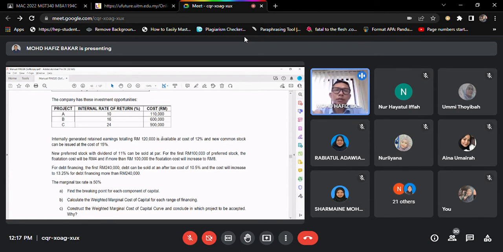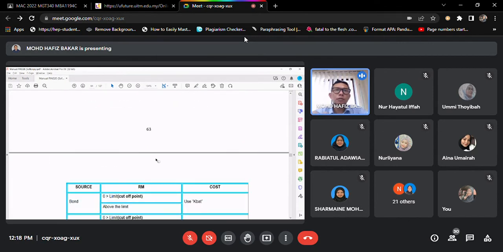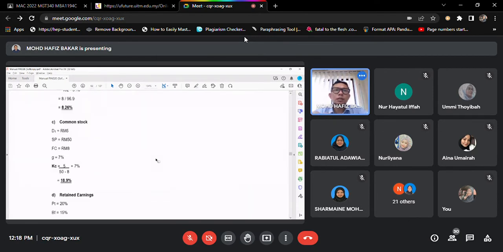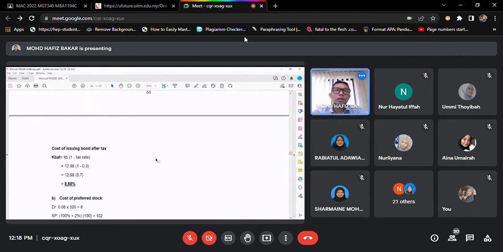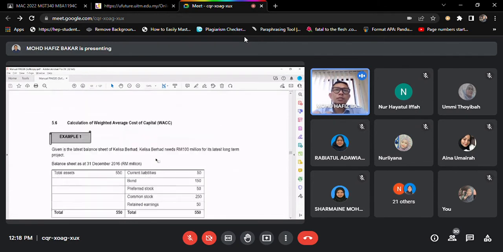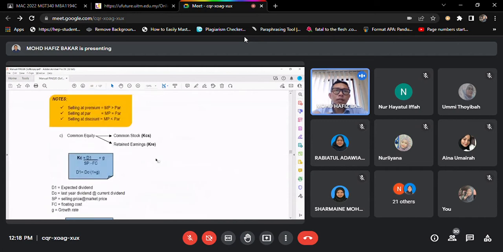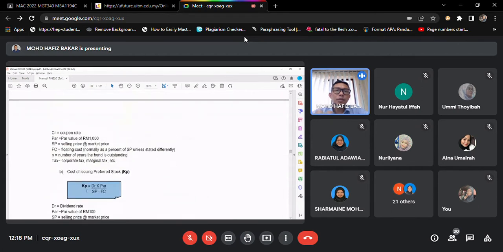In the first paragraph they already provided the cost, so no need to calculate. For the second paragraph, use the preferred stock formula: dividend times the par value, divided by the selling price minus the flotation cost.